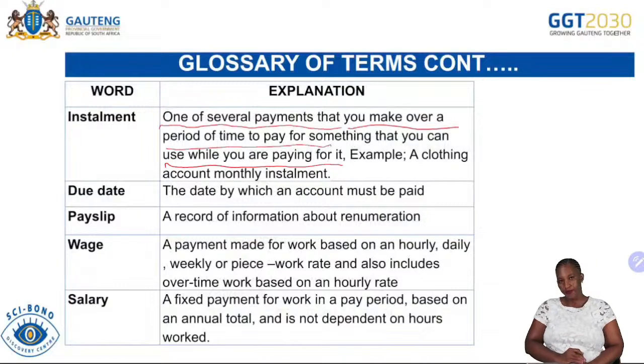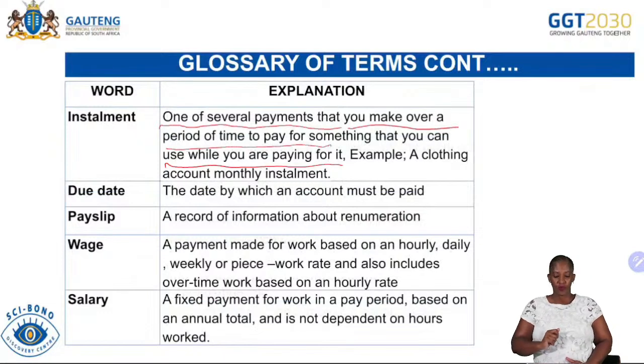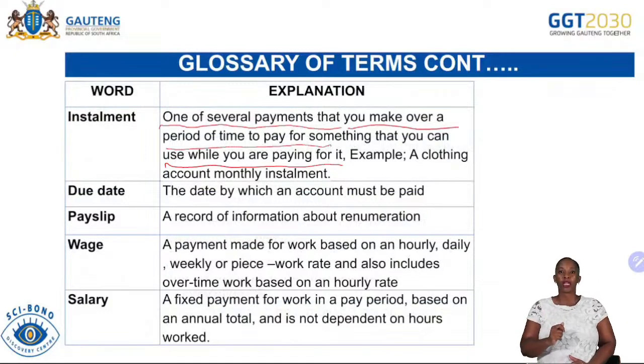Then due date. What are we referring to when we come to due date? When am I supposed to pay the account? If my account is supposed to be paid on the 20th of every month, that is the due date for my account. Or maybe on the second day of every month.